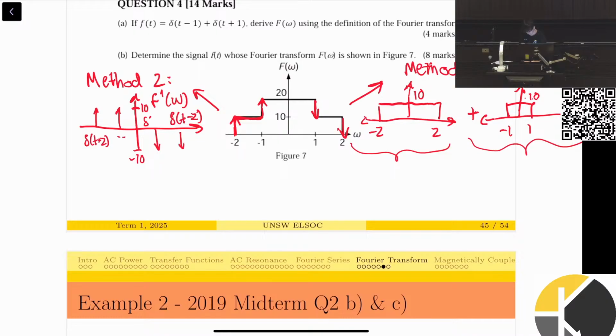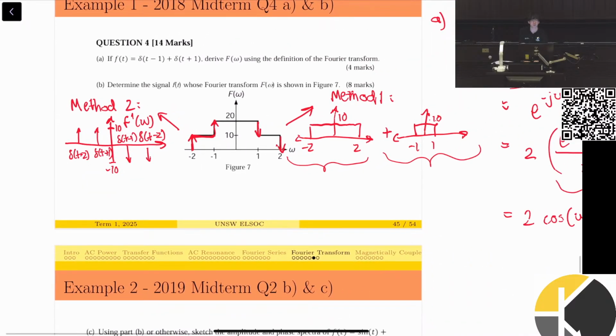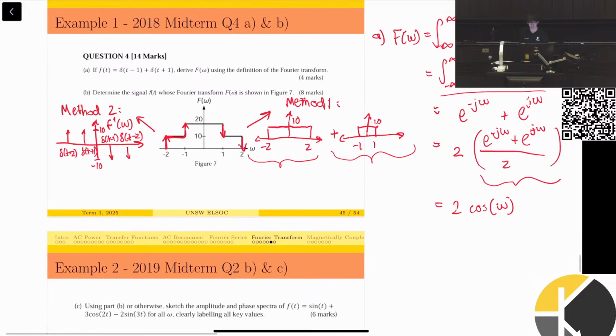And this would be delta of t minus 1, delta of t plus 1. Is everyone happy with how I did that? Yeah. I understand this is quite new, because Sethu only really went through the Fourier transform today. So if I'm going too fast, or if you have any questions, please put your hand up and I'll try my best to explain.